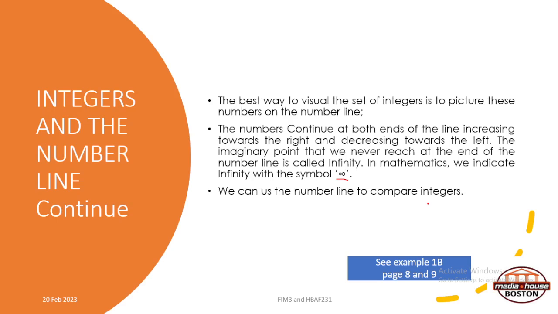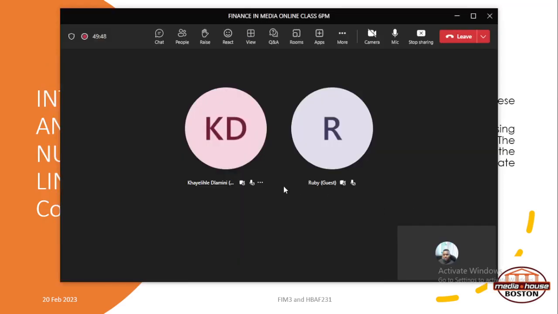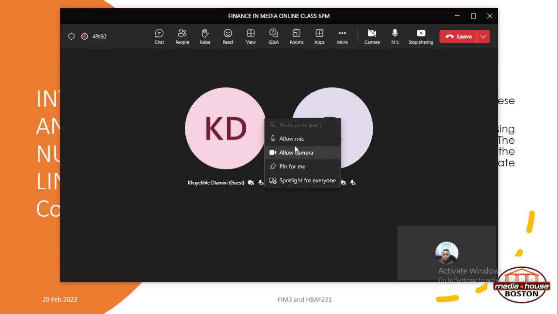Kailishle, I see that you were trying to type a message, so I will be coming to you now. Let me just give you the mic and unmute you. So I've given you the mic. If you've got a question, you can unmute yourself and raise your question, unless you prefer typing.